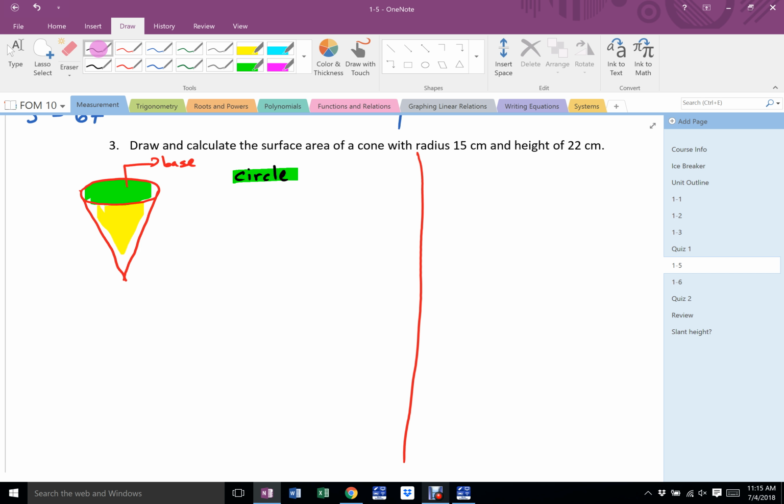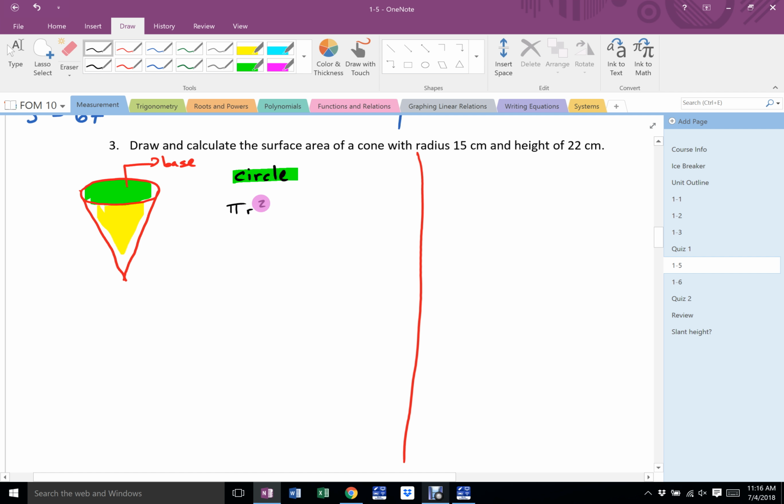Okay. That yellow part ends up being, since it's part of a circle, we know it's got to use some of the circle rules. What is the rule to finding an area of a circle? It is pi r squared. So I know the yellow part must still have to use pi, correct? Because it starts as a circle. And it must still have to use r.